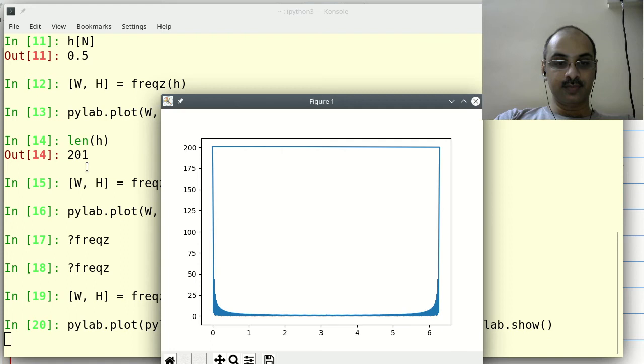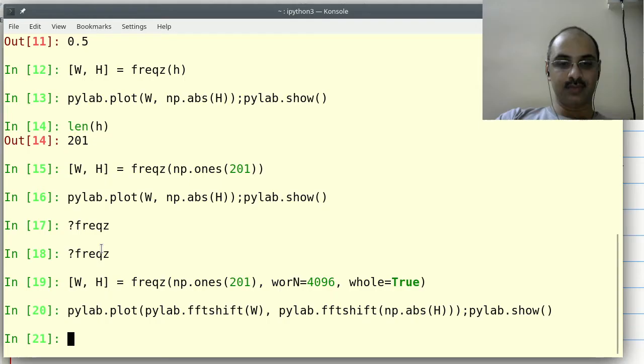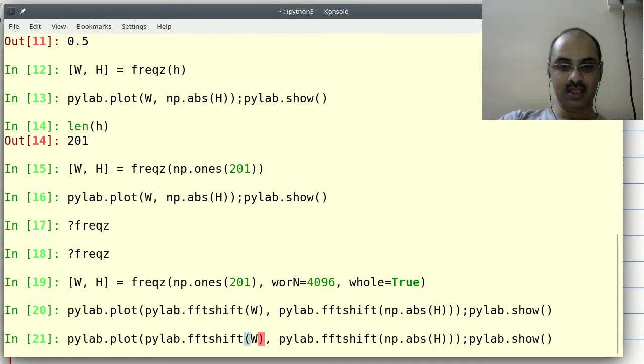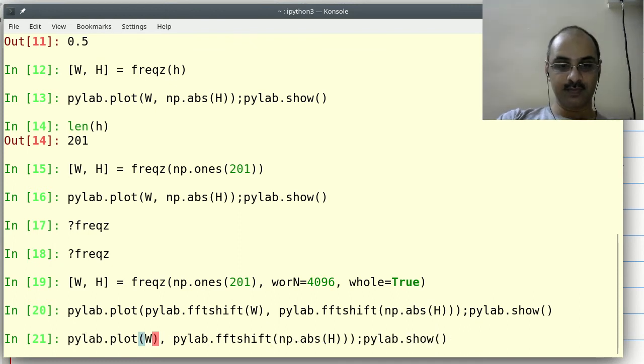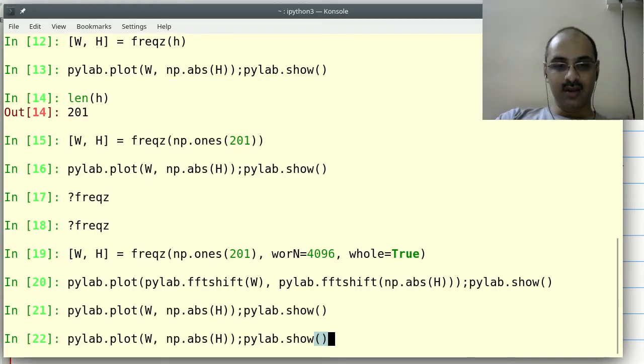Ignore the line at the top. Let me just plot this.